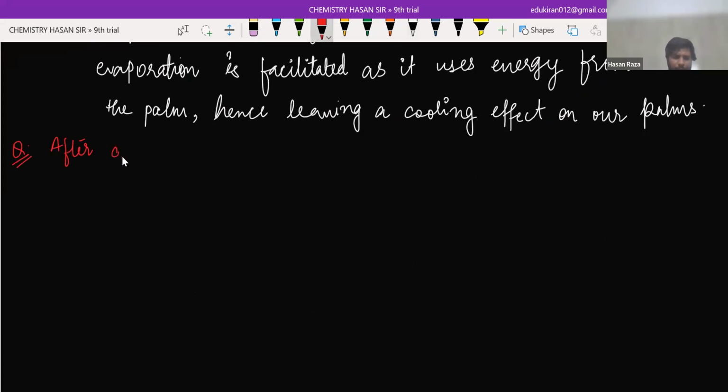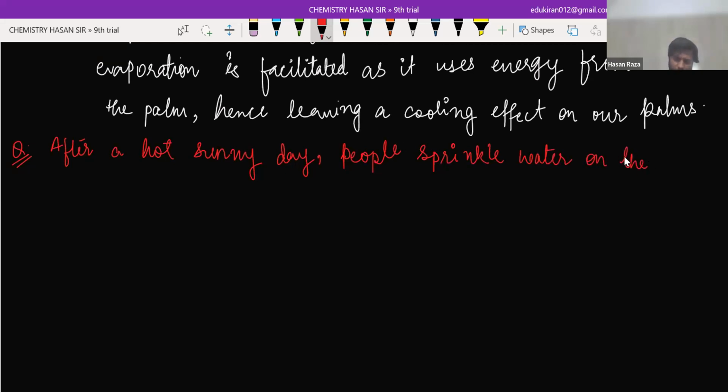These questions are very important and frequently asked in the exam. After a hot sunny day, people sprinkle water on the roof or open ground.